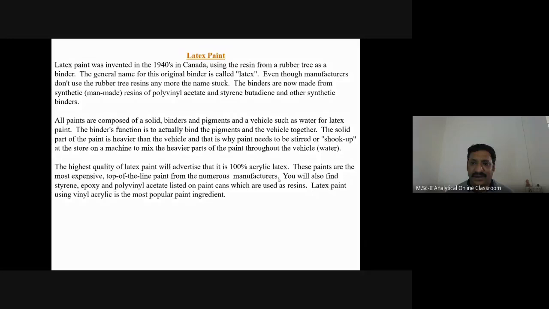That affects the properties of what? Paint. The solid part of the paint is heavier than the vehicle, and that is why paint needs to be stirred or shaken at the store on a machine to mix the heavier part of the paint throughout the vehicle.